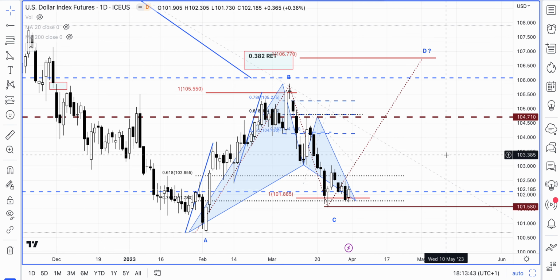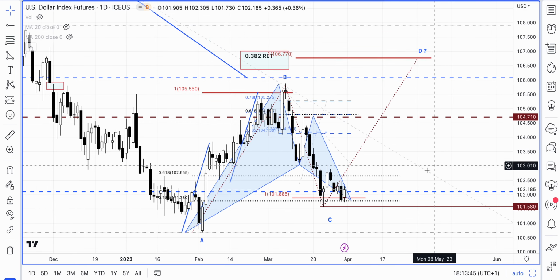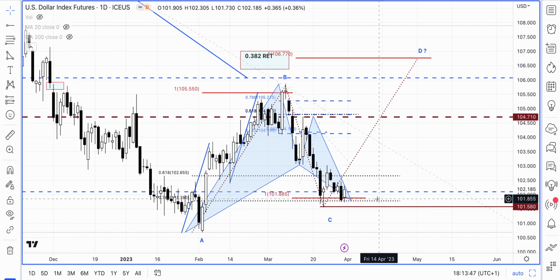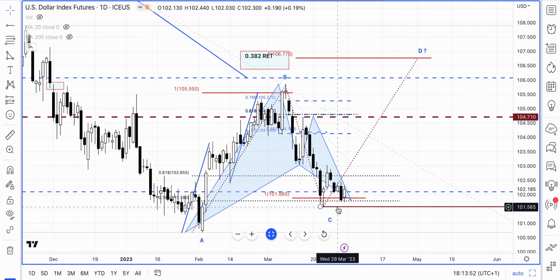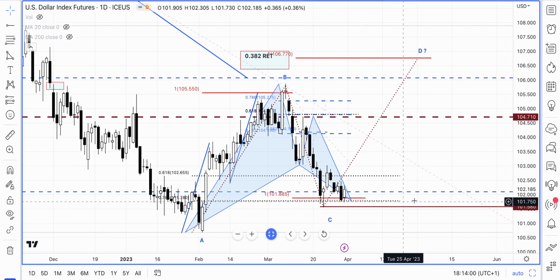So there are many things which happen, but the interesting thing is that our pattern is still not broken, because the price hasn't moved lower than the low of 23rd of March 2023, which was at 101.55.